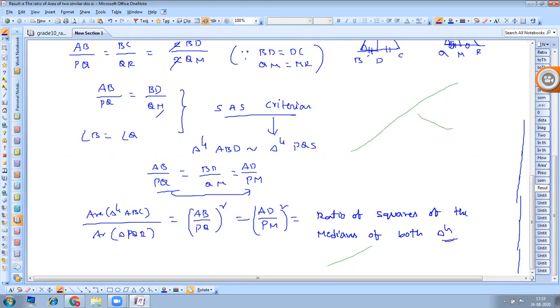The ratio of the areas of the two triangles will be equal to the ratio of the squares of the medians. This is how we can prove the second statement.